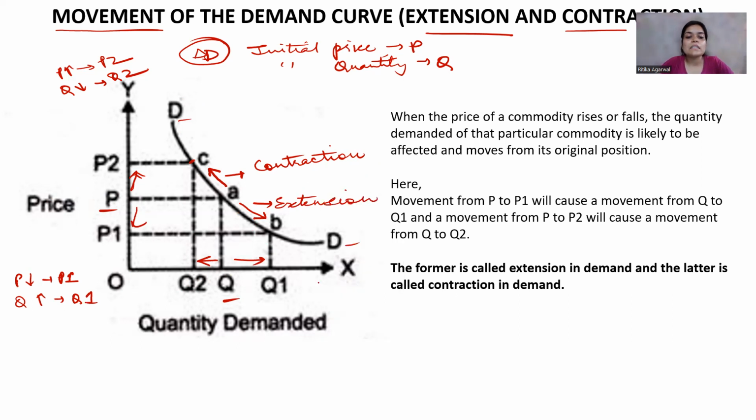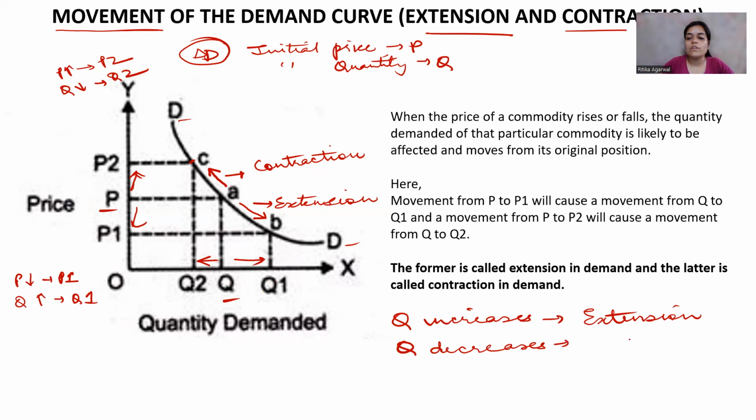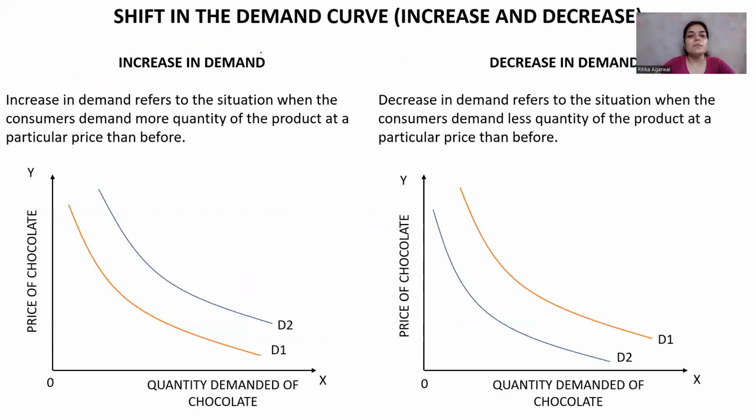Because there is an increase in the quantity demanded. So very simple: if quantity increases, it's called extension. If quantity decreases, it's called contraction. So this is the only point of significance that we come across when we talk about movement of the demand curve.